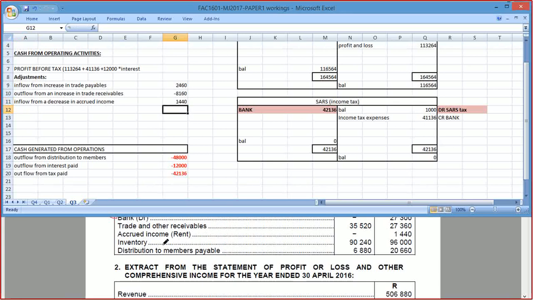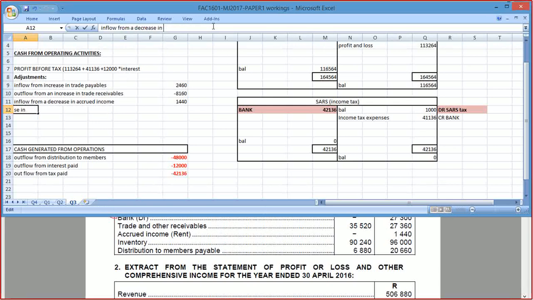Right, inventory, do I need it? Yes. Did it go up or down? It went down. So inflow, outflow? If you sell stock, it's going out, so inflow from a decrease in inventory.